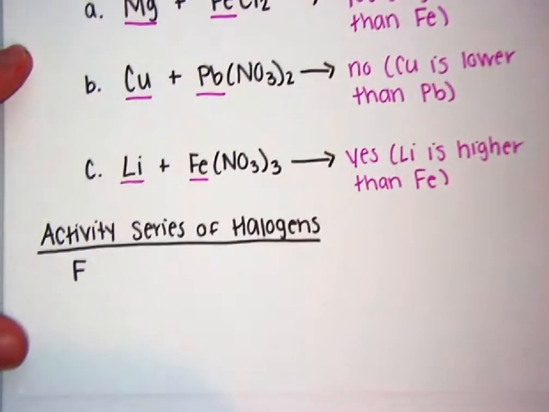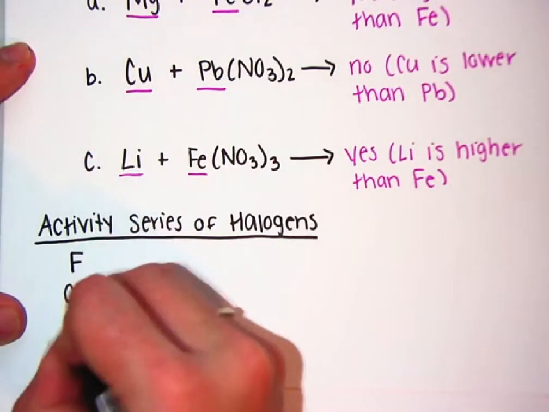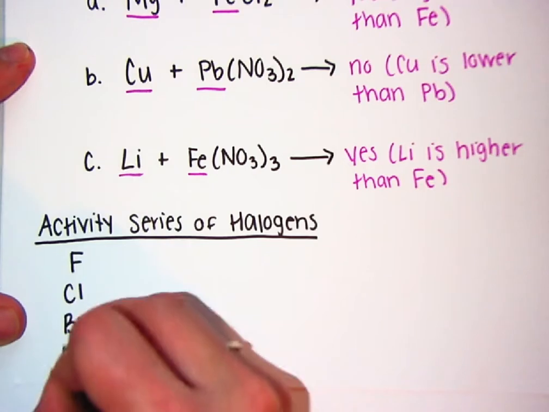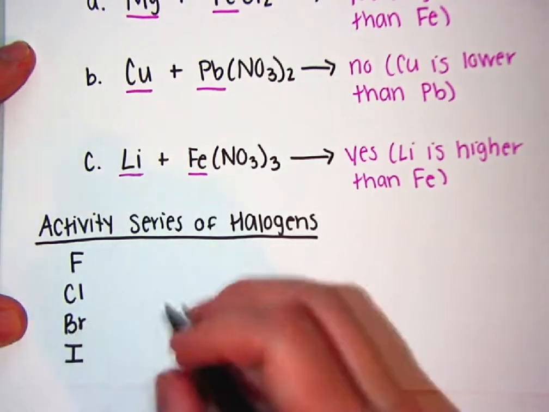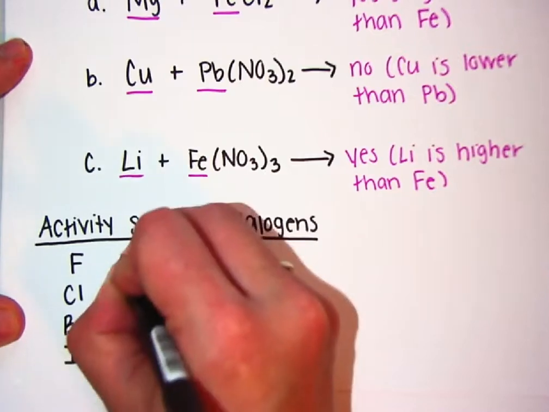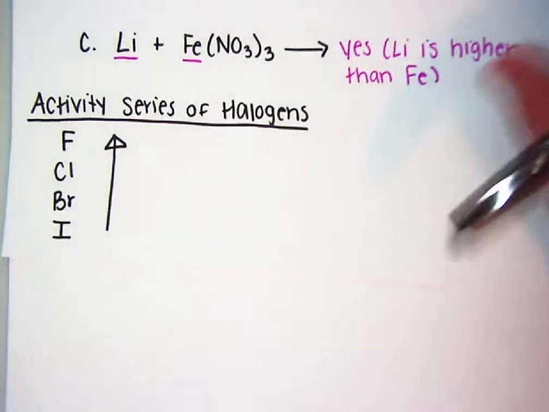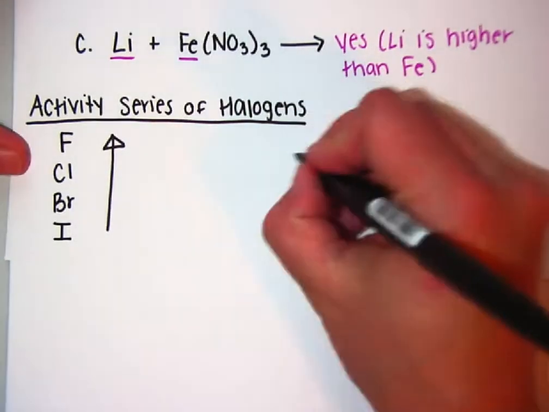Up at the top of group 7 is fluorine, followed by chlorine, bromine, and iodine. And just like with metals, it increases as we go up. We are going to see the same trend.